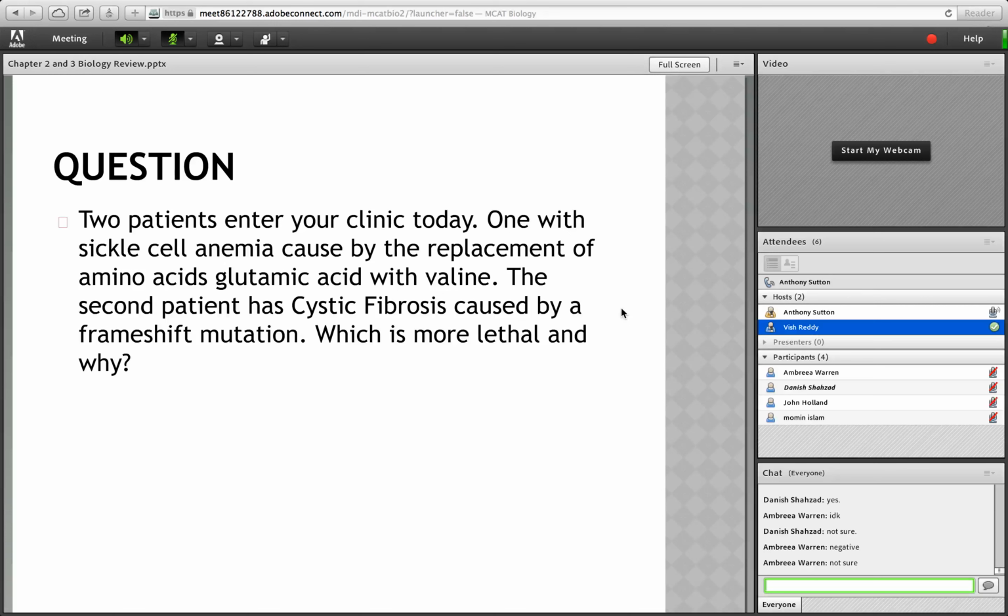Okay, it does alter the reading frame. But just because it alters the reading frame, does that make it more lethal? What is it in particular that makes this more lethal? I will agree that cystic fibrosis is more lethal, but why? What is it that's happening?